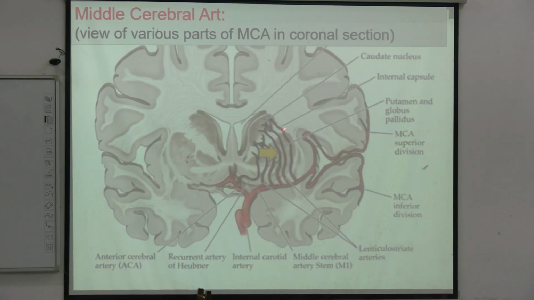Maybe the striate or lenticulostriate branches, which are deep penetrating arteries, are not producing enough blood, or there is some chemical insult or trauma related to the basal ganglia nuclear disruption, which leads to the disease we call Parkinsonism.